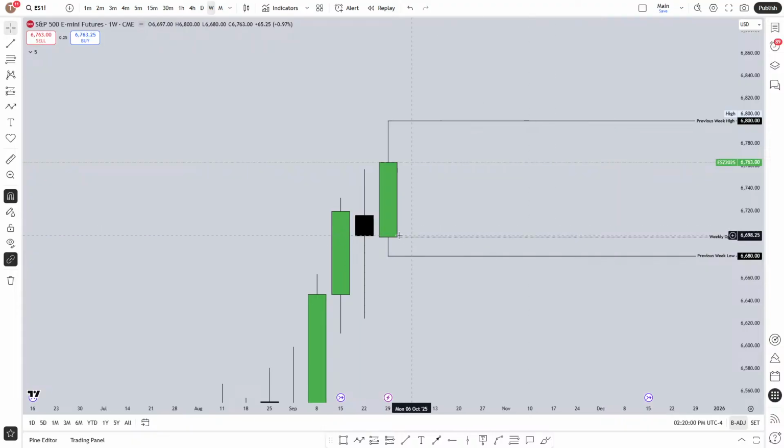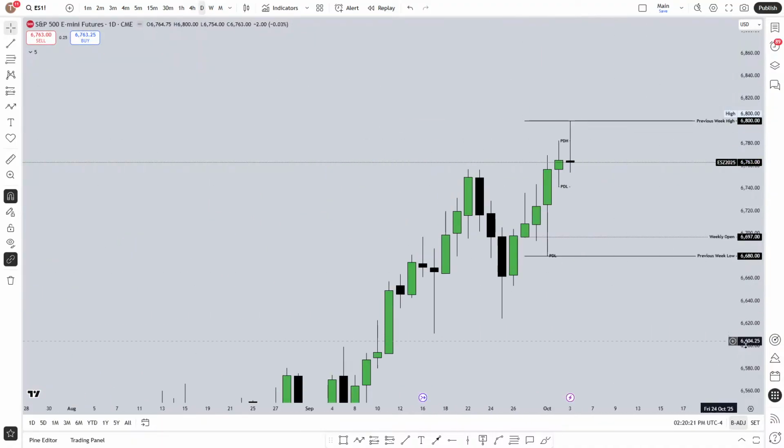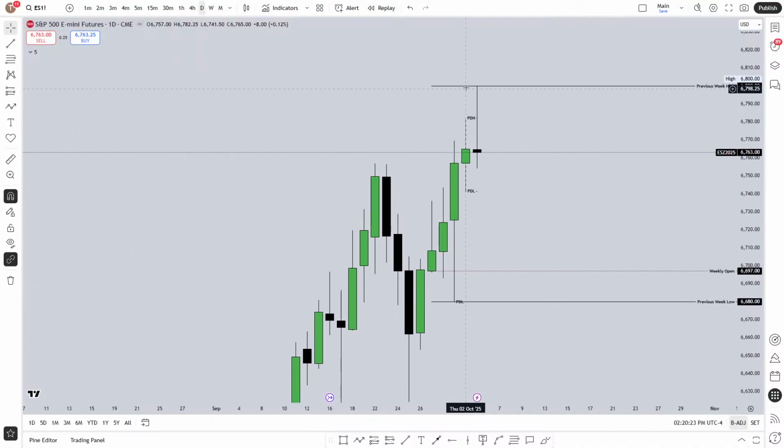And then obviously this weekly open will get moved whenever the market does open at 6 p.m. So we'll probably open up around here somewhere, and I'll just drag that over to where the weekly open is. And that's a really important area because it kind of helps you to determine weekly PO3. Going down to the daily time frame.